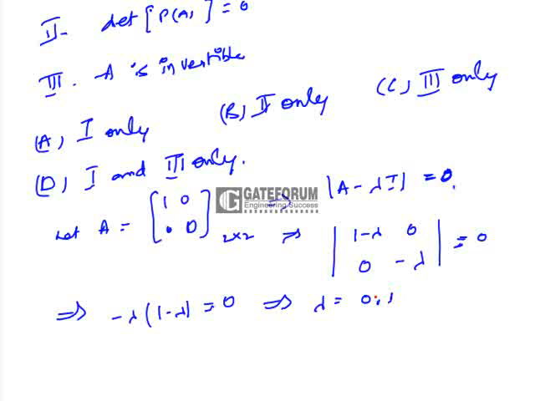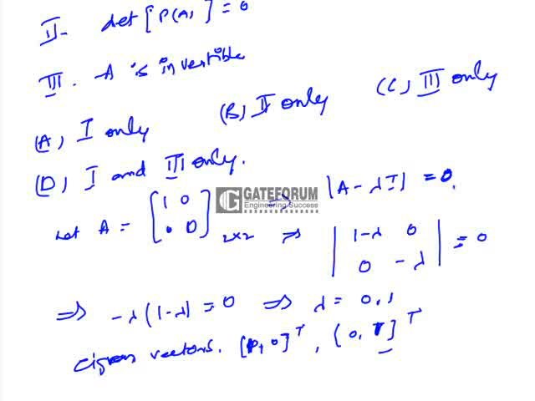So the eigenvalues are 0 comma 1. Then we'll be getting eigenvectors as [1, 0] transpose and [0, 1] transpose. So these two are the eigenvectors. If we see these eigenvectors, we can clearly say that these two are linearly independent.